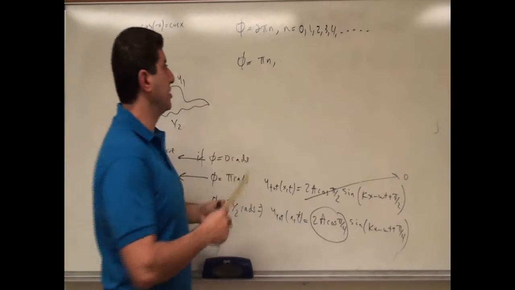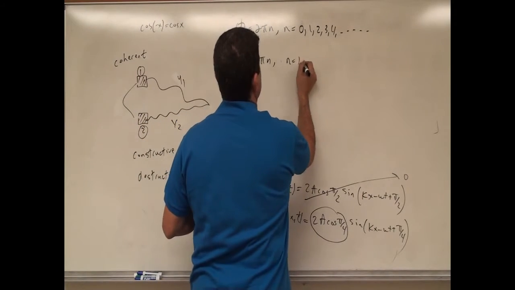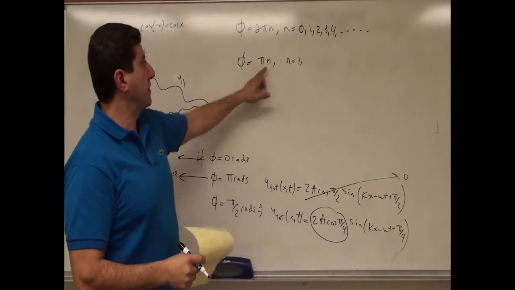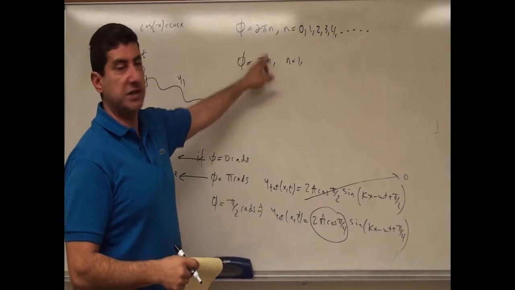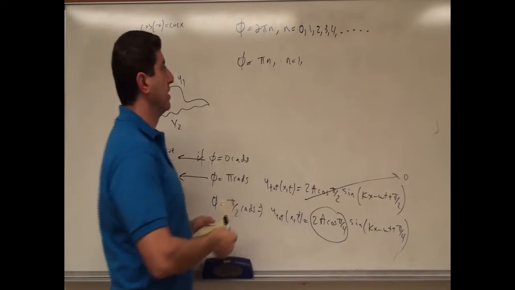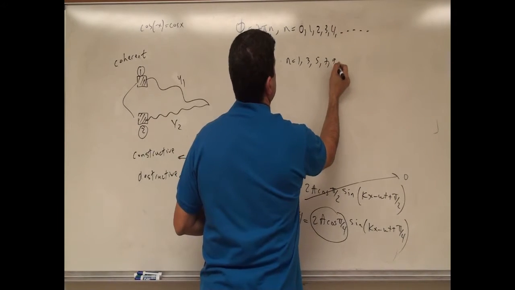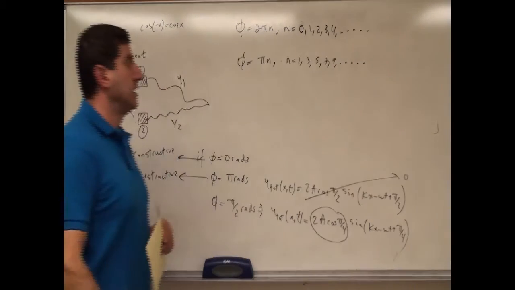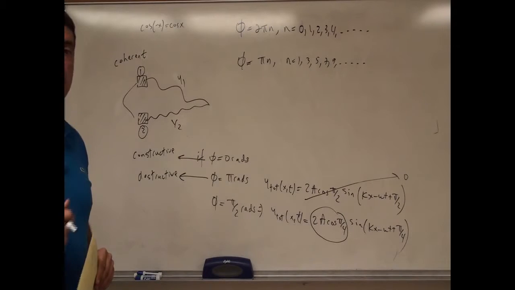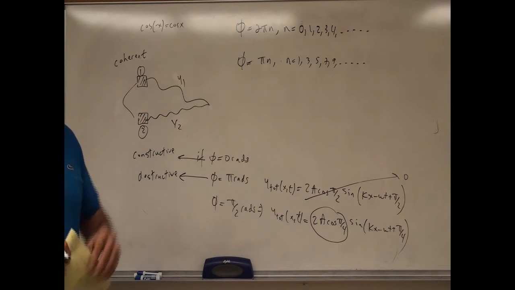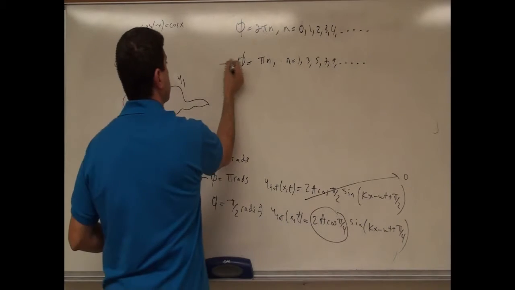So it has to be n is 1. Can we have n is 2? Well, if we had n is 2, it would be 2 pi radians. It will give us constructive, right? So it has to be n is 3, n is 5, n is 7, n is 9, and so on and so forth, right? It has to be odd integer multiples of pi radians to cause destructive interference.